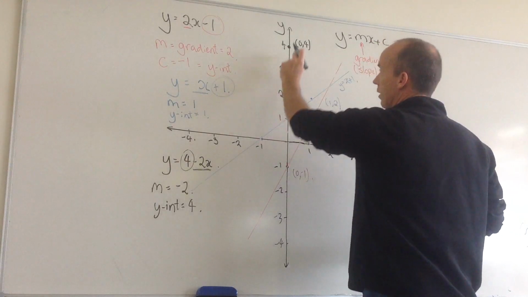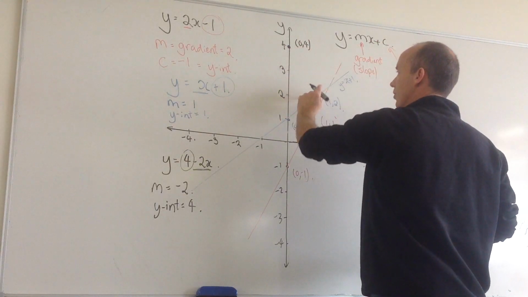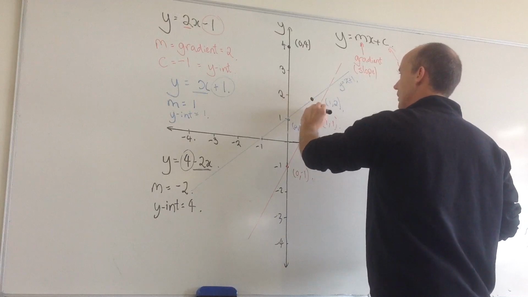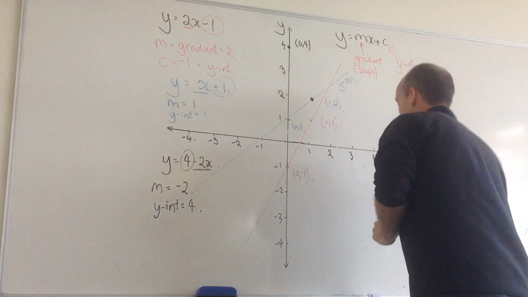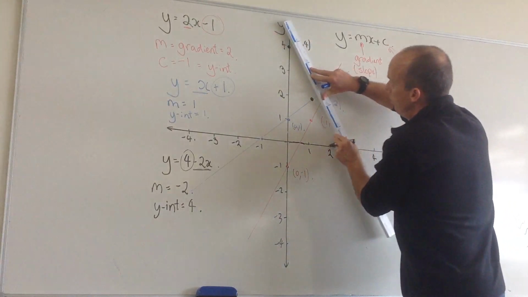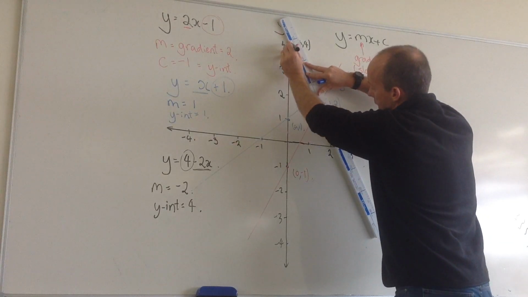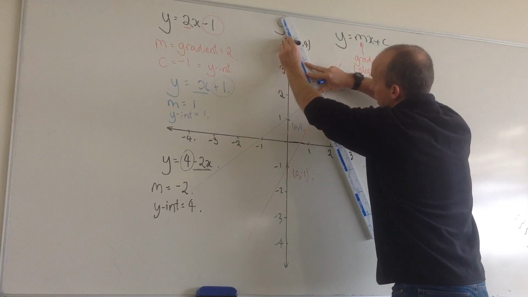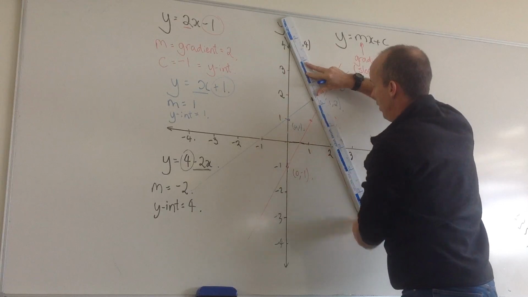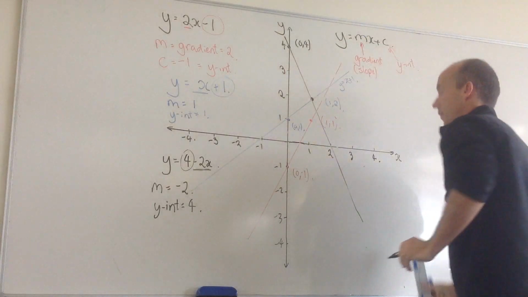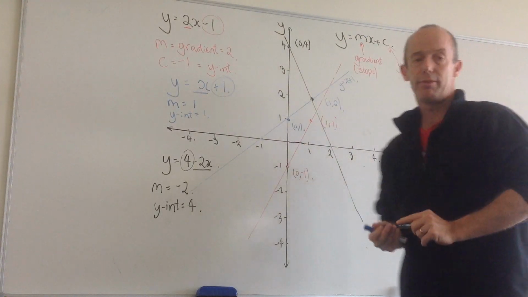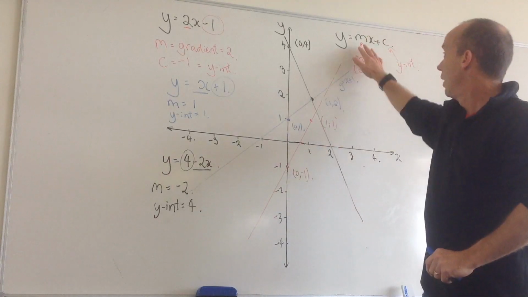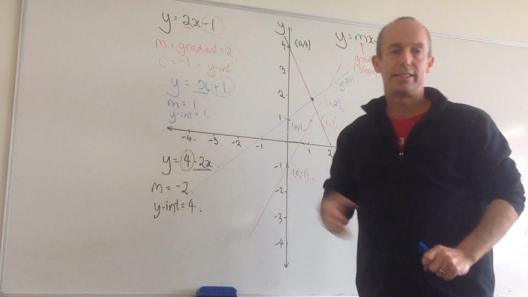So if I go across 1, I'm going down by 2. So there's going to be another point there. And all I need is 2 points. Once I've got 2 points, get your ruler and do a straight line through them. Okay, and that's graphing linear equations in their standard form.